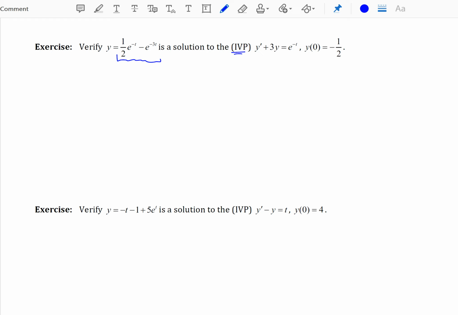To be a solution to an initial value problem, you have to do 2 things. You have to satisfy the differential equation, and you have to satisfy the initial condition. You must satisfy both requirements. It doesn't matter which one you do first, but if you were to fail one of them, then you would not be a solution to the initial value problem. Let's look at the initial condition first.